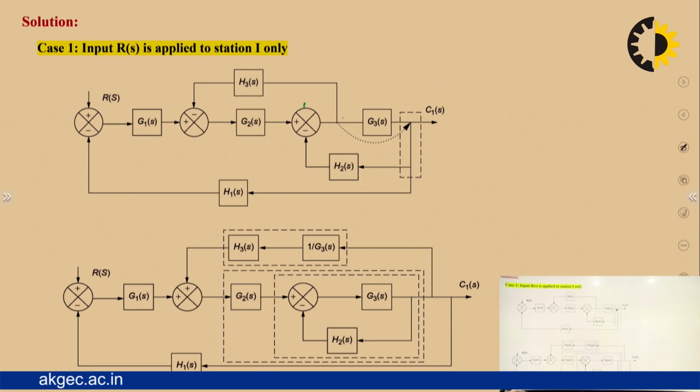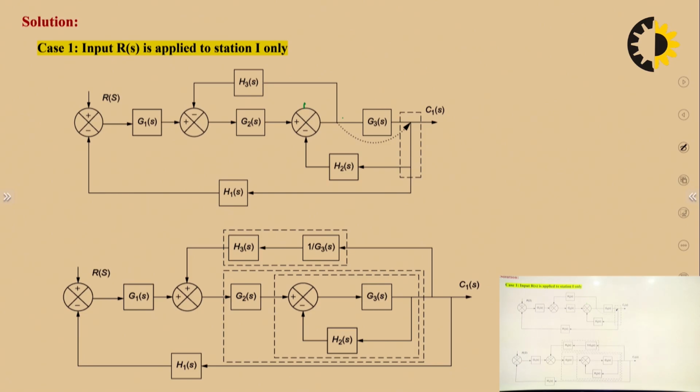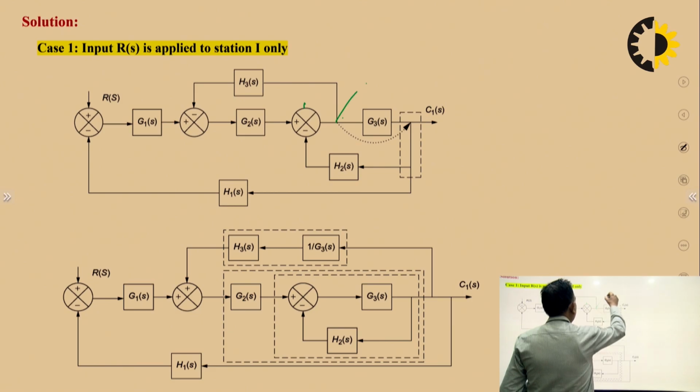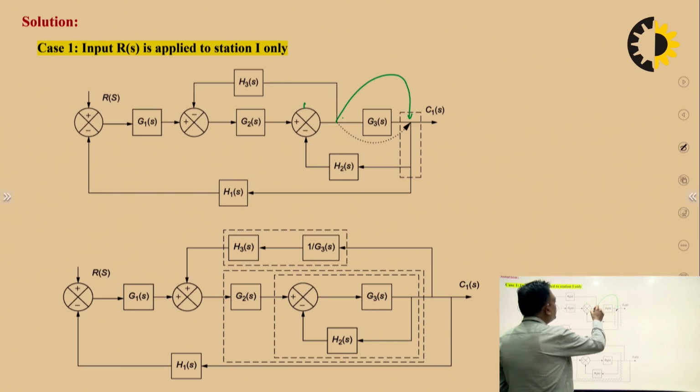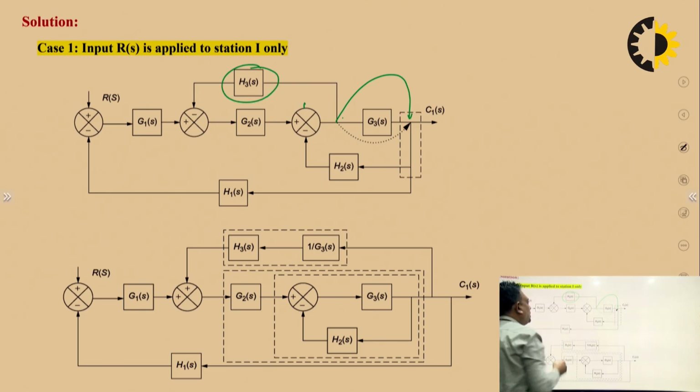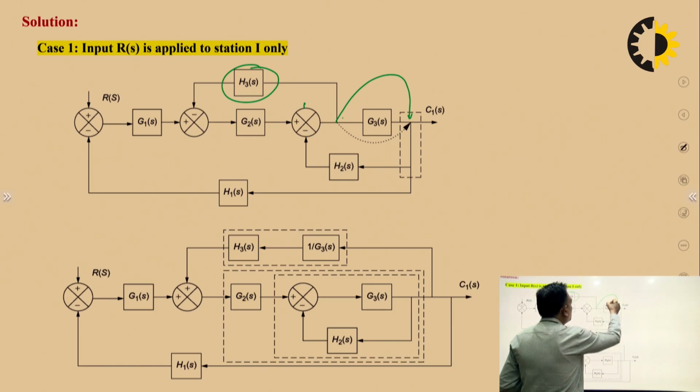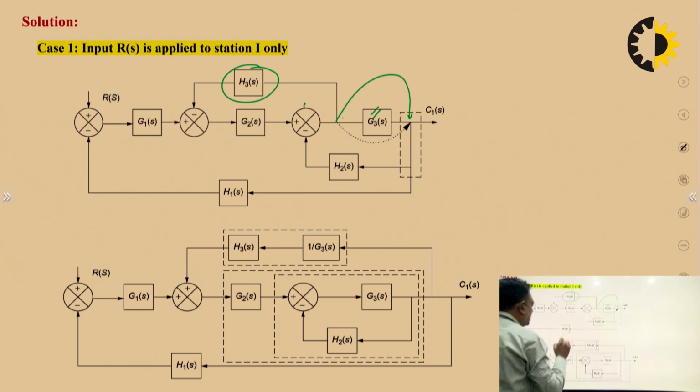So what we did here is shift this takeoff point from here to here. We are moving this takeoff point after a block, so this feedback path transfer function will be divided by the transfer function of this block. It will become H3 upon G3, or you can say H3 into 1 by G3. So this is the amendment.